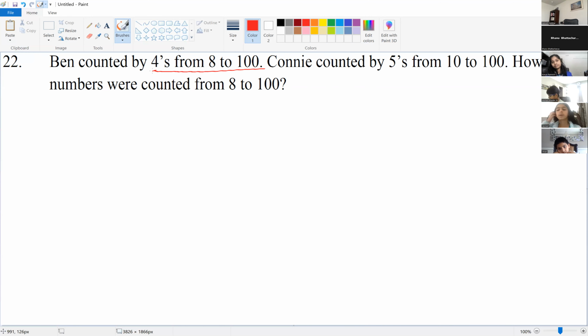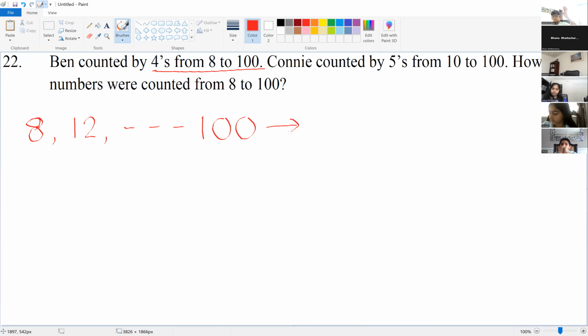But it's starting from 8, right? Yes, I wrote all those down, and then I wrote 5. So before you move, how many numbers did Ben count? This is 4 times 2, 4 times 3, up to 4 times 25. So how many numbers did Ben count?